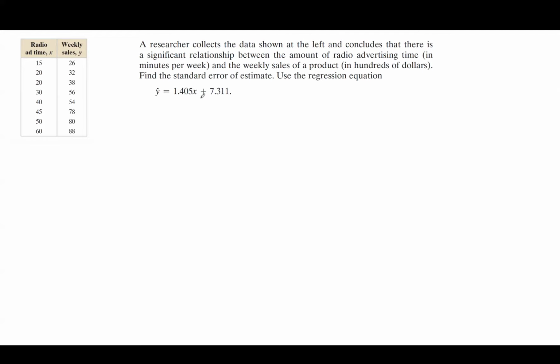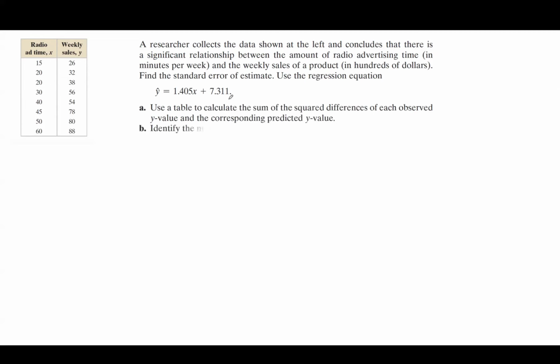So this is mx plus b. We want to use a table to calculate the sum of the squared differences, then identify the number n of pairs of data, and finally calculate the standard error of estimate, or S sub e.